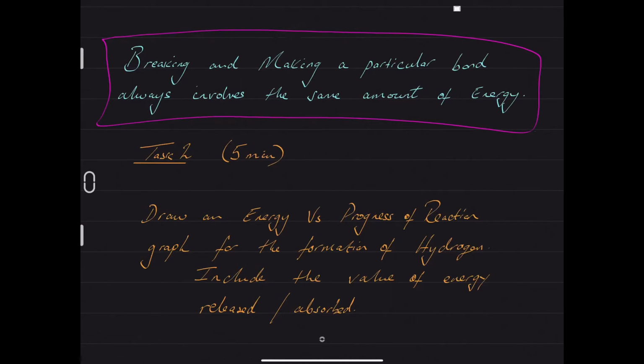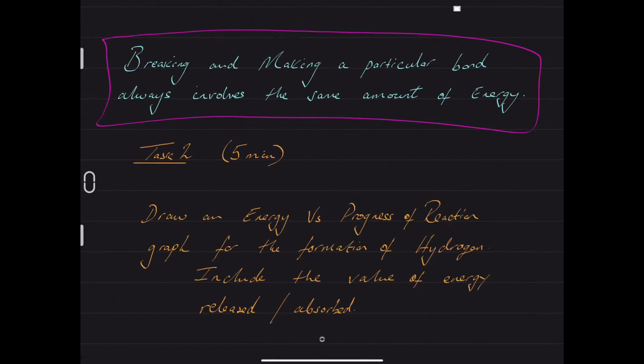If that is the case, for this second task, and I'm going to give you 5 minutes again for this, I want you to draw an energy versus progress of reaction graph, just like you saw before, for the formation of hydrogen.